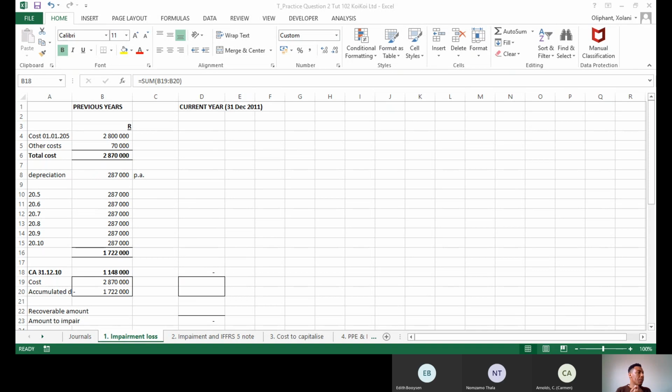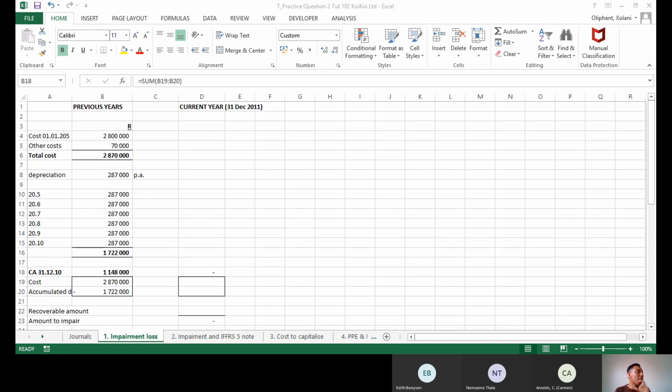Now, what they're saying is that we estimate the fair value of this patent to be only 850,000. And legal and other administration fees to sell the patent were estimated to amount to 60,000.